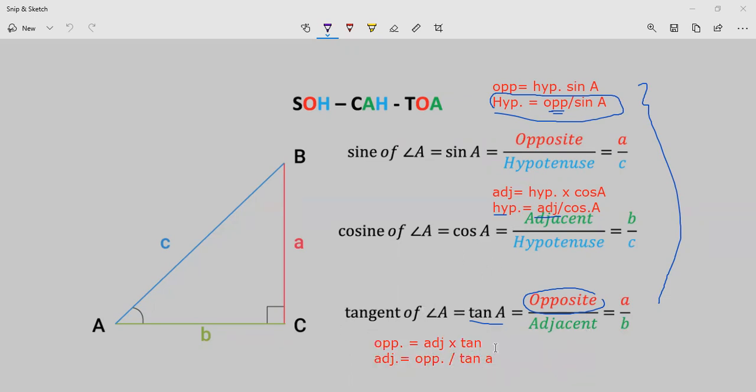You have to remember all these rules. Now, whatever you are given, you can find it.